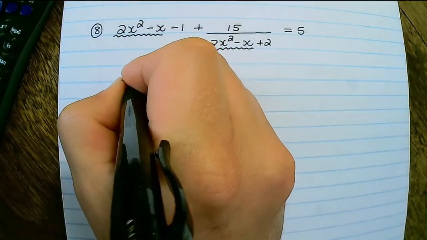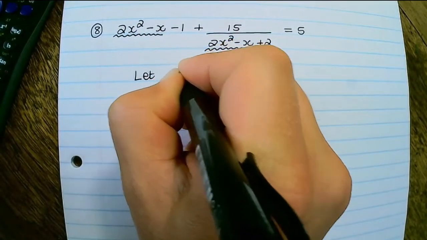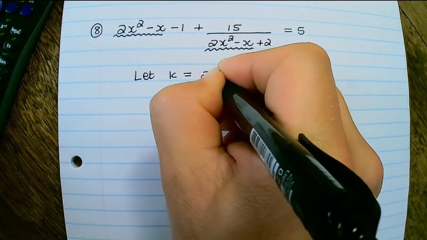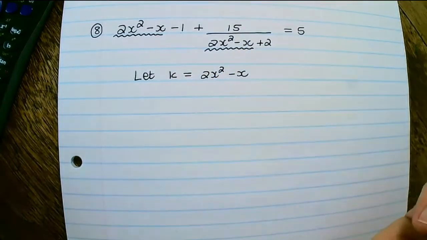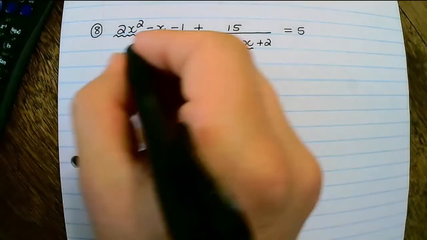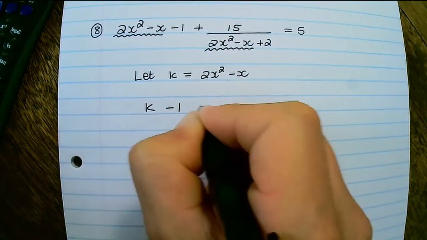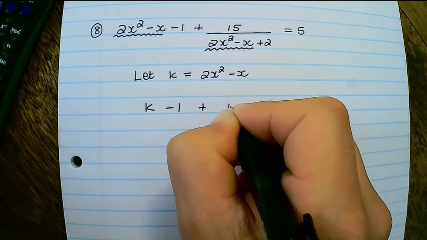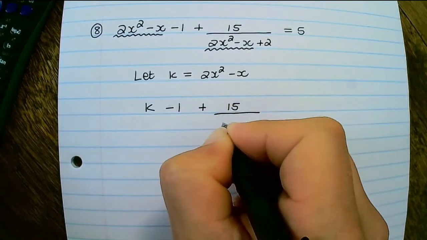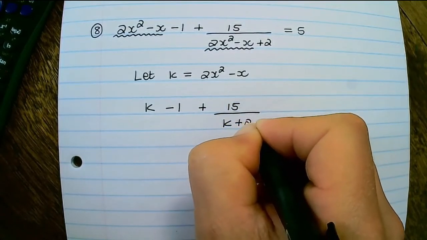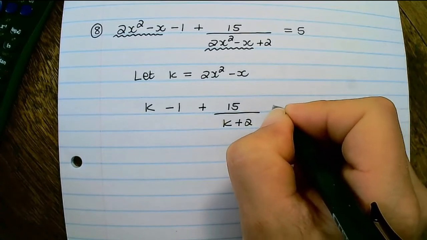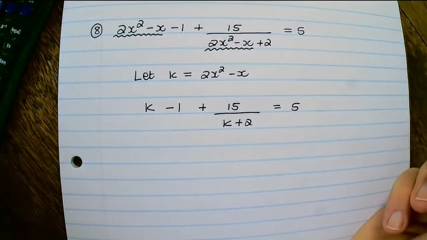So what you can say is let k be equal to 2x squared minus x. Then the equation would become k minus 1 plus 15 over k plus 2 equals to 5.